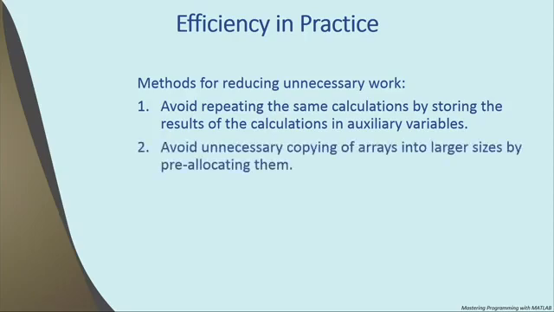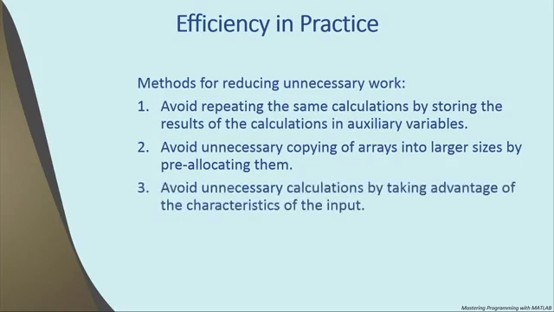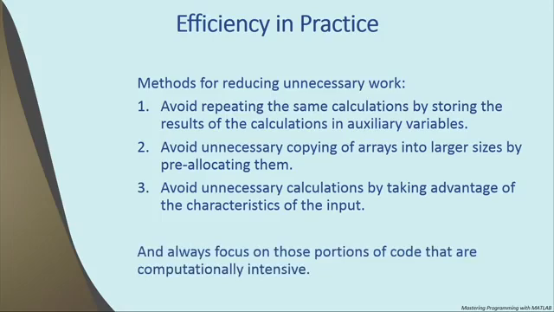A second way, which is also an especially easy way, is to avoid repeatedly copying arrays into larger sizes by pre-allocating them. And a third way is to take advantage of the characteristics of the likely input to the program in order to identify calculations whose results are guaranteed to be unused, and then add auxiliary conditional statements to identify them and skip them. And in all cases, it's always especially important to focus on those portions of the code that are computationally intensive.